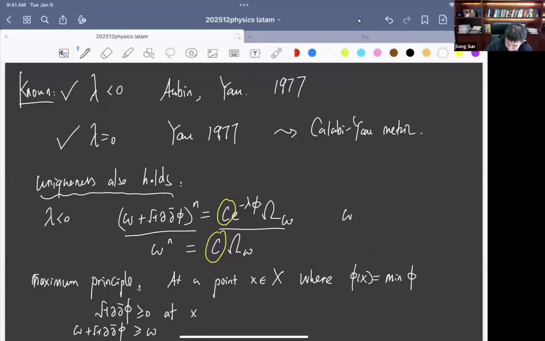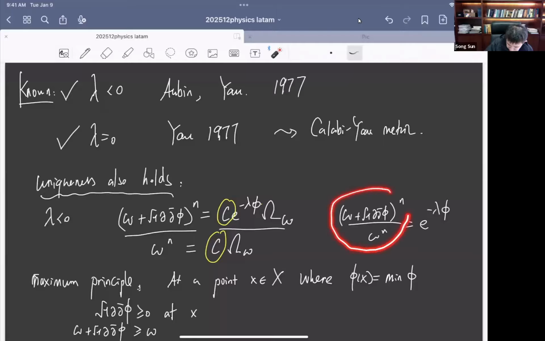You get omega plus dd bar phi to the n over omega to the n equals e to the negative lambda phi. So at this point, this is bigger or equal than 1. So e to the negative lambda phi(x) is bigger or equal than 1.